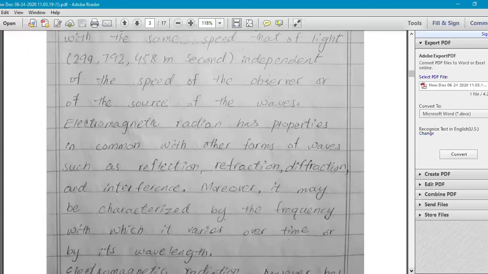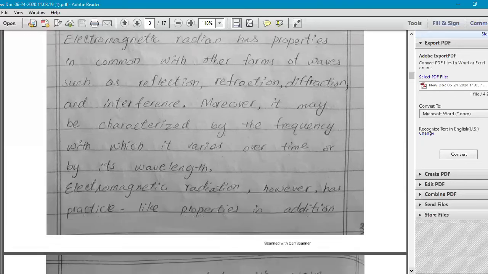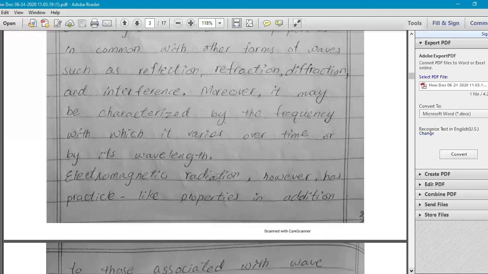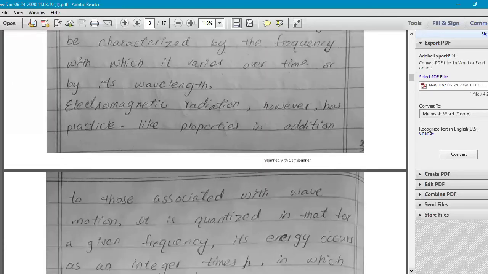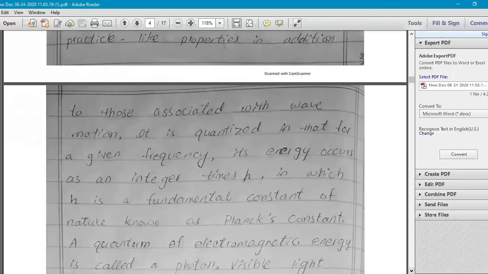Electromagnetic radiation has properties in common with other forms of waves, such as reflection, refraction, diffraction and interference. Moreover, it may be characterized by its frequency and by its wavelength. Electromagnetic radiation, however, has particle-like properties in addition to those associated with wave motion.